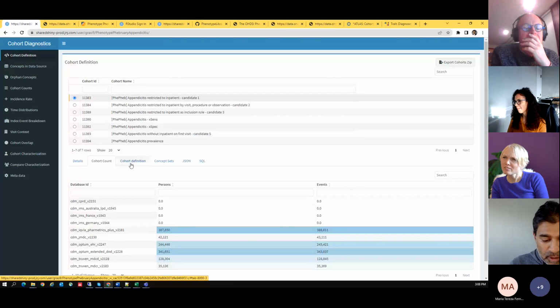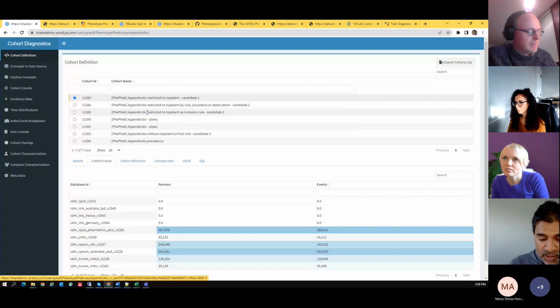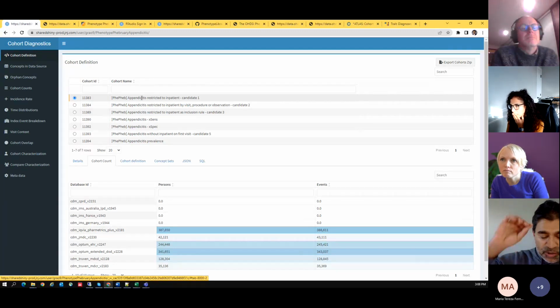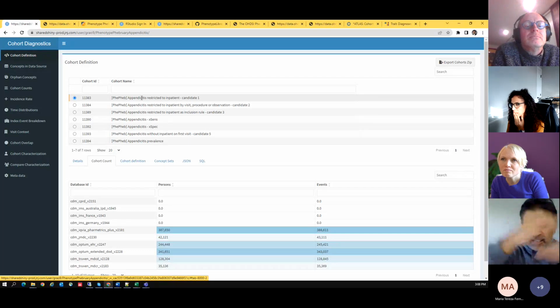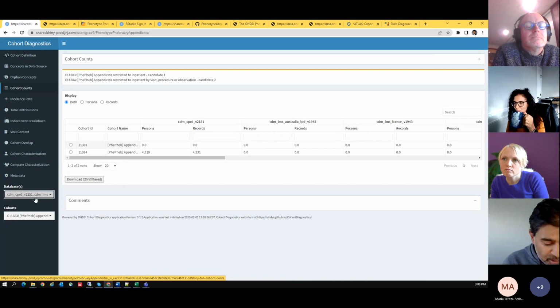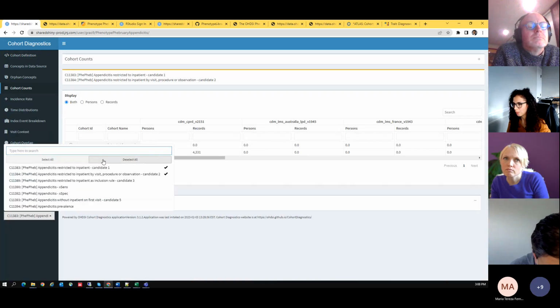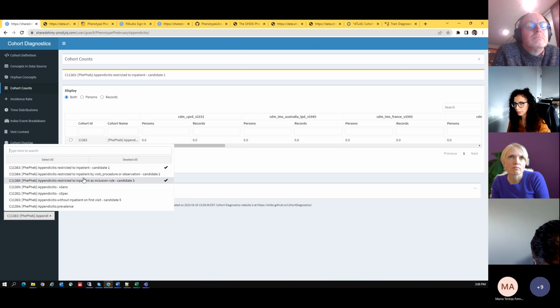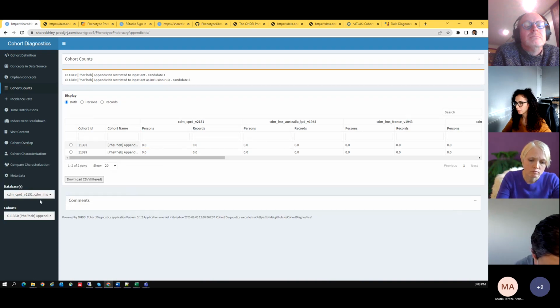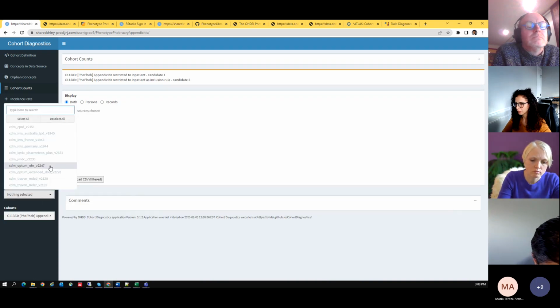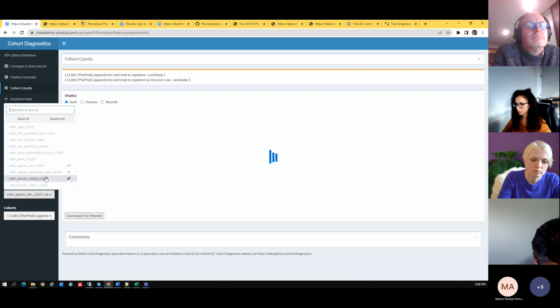I have the same definition implemented in a different tool, but here I changed the order in which the rules were applied so that I can actually get the breakdown. I'm going to restrict it to the data sources that have inpatient.